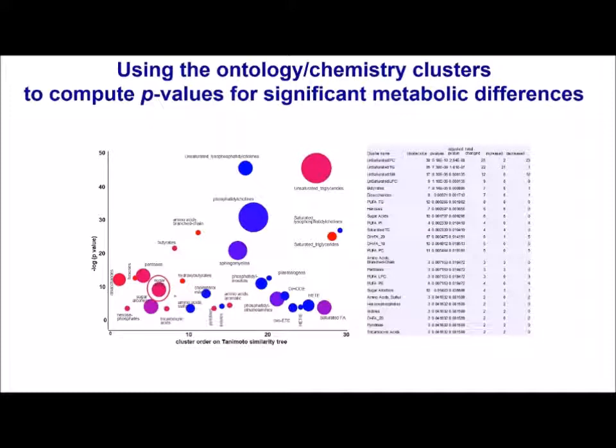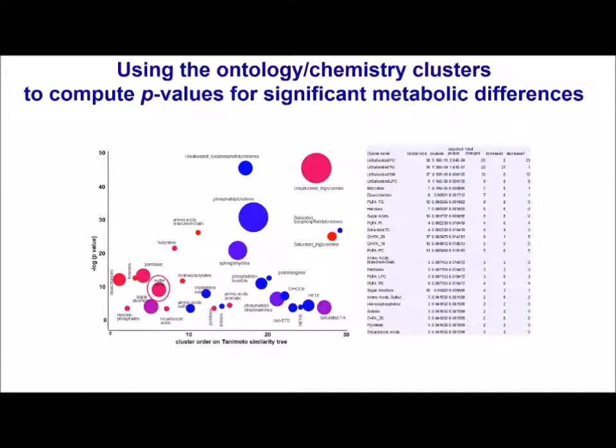And we saw that ChemRICH highlighted chemical classes that were originally missed by the authors of the study, such as sugar acid, and we have also several other classes that could have been discussed for that paper.